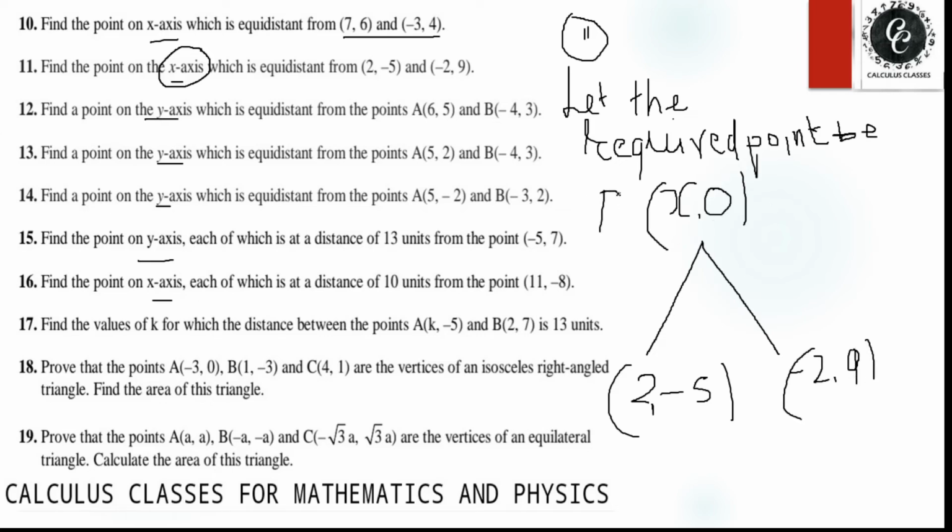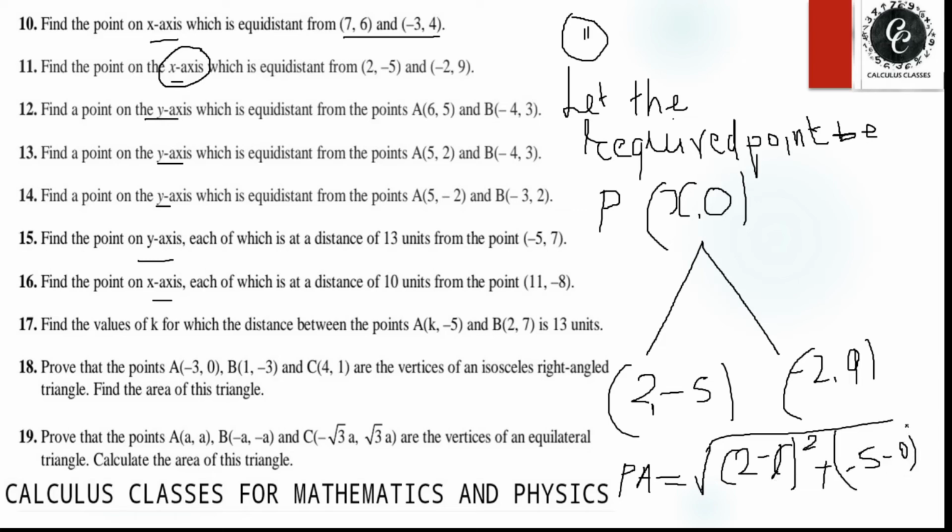I'm taking this point as P. So PA, the distance between P and A, I will apply the formula here: (2 minus x) whole square, and here minus 5 minus 0 whole square. I hope you understood this much.